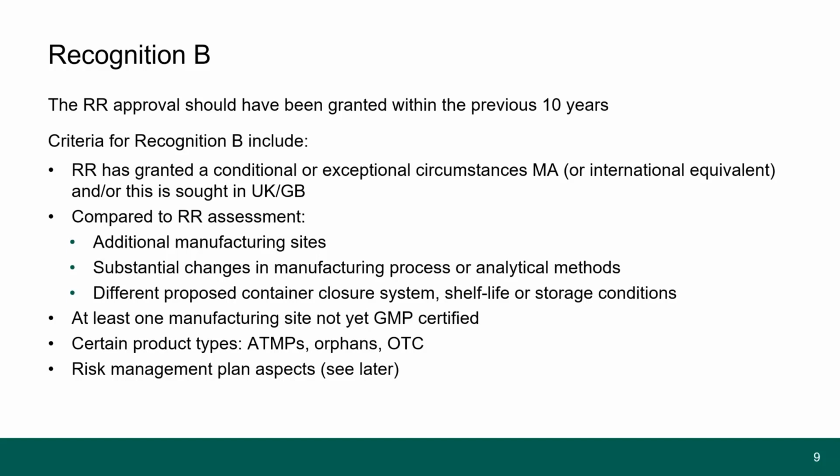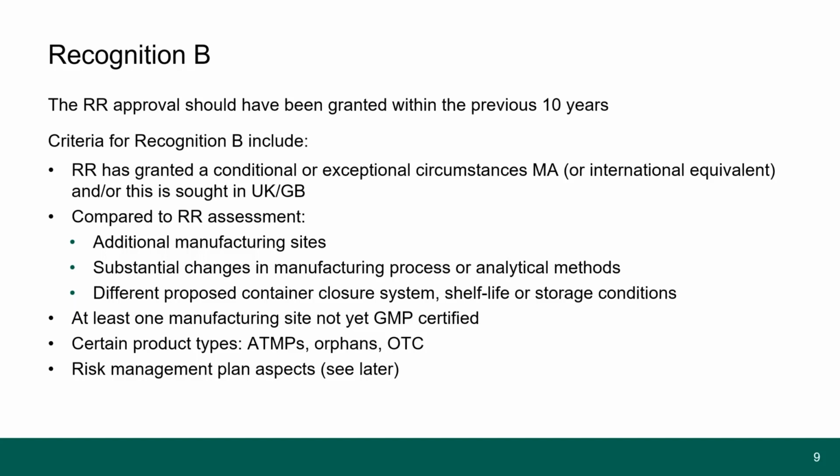So a full description of the recognition B criteria is provided in the main guidance, but some of the key criteria are listed here. For B, the reference regulator approval should be granted within the previous 10 years.